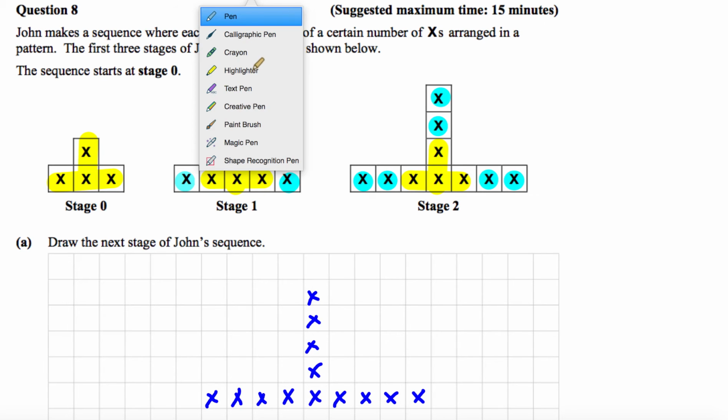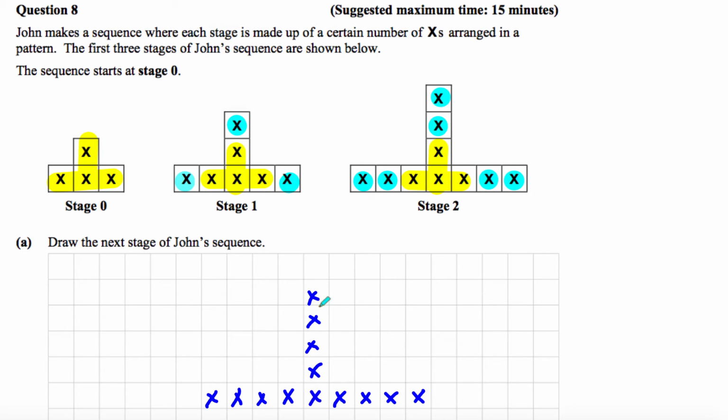So again, just to be clear, this time we've got 3 added on to each end of the original 4. So that's our next stage of the sequence.